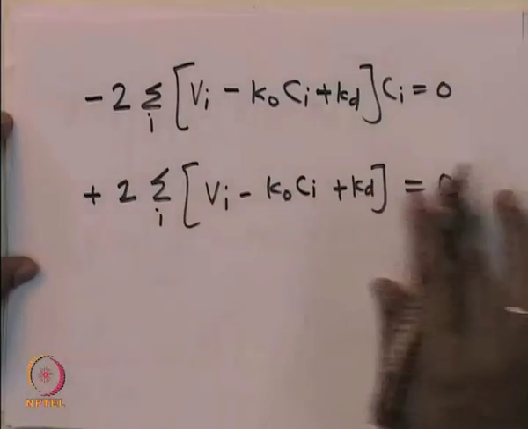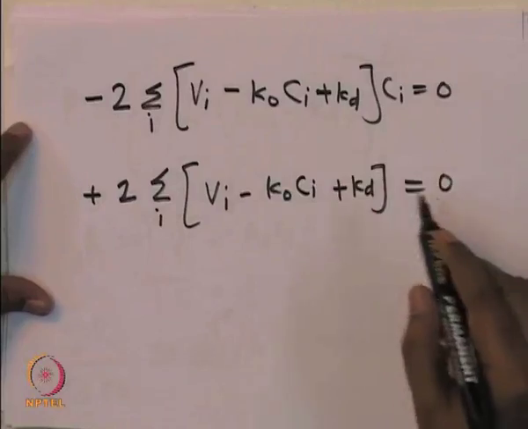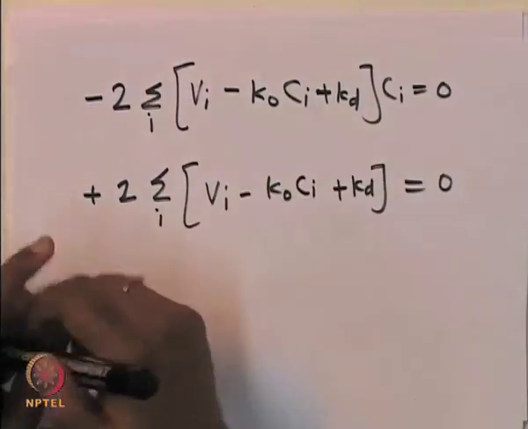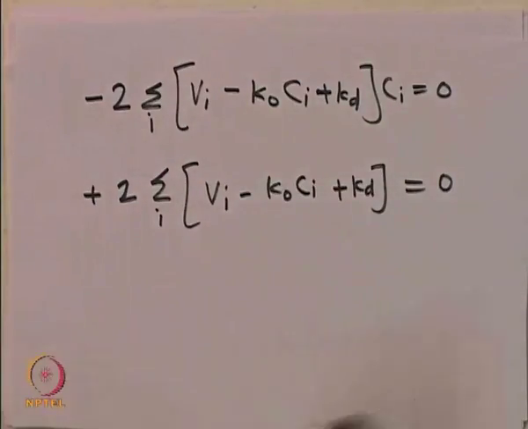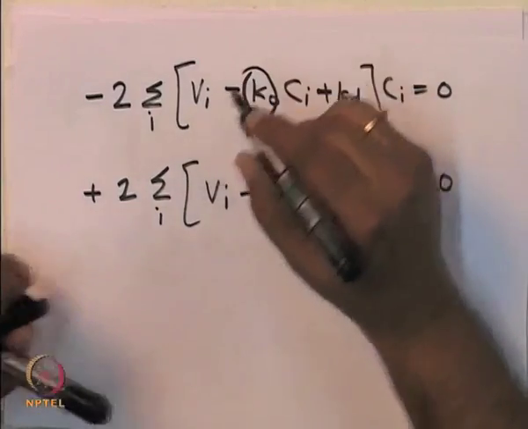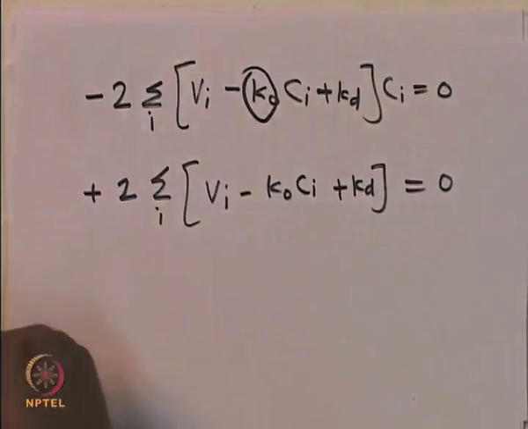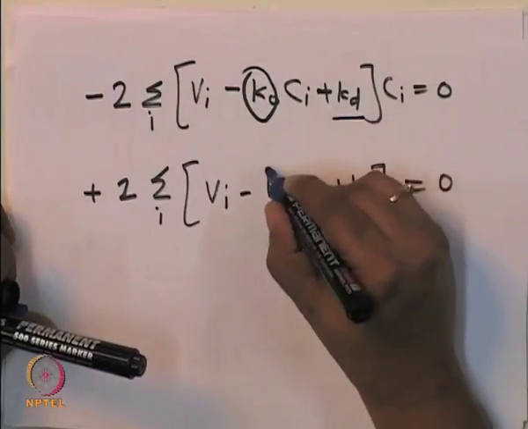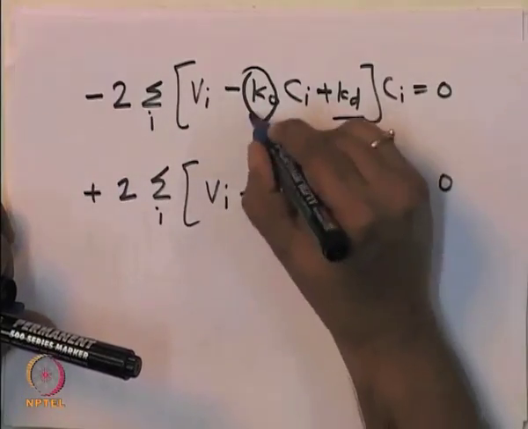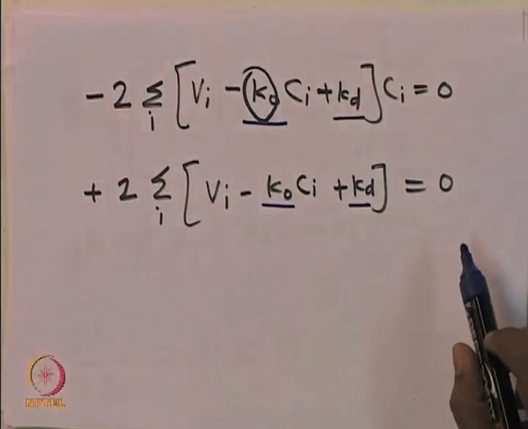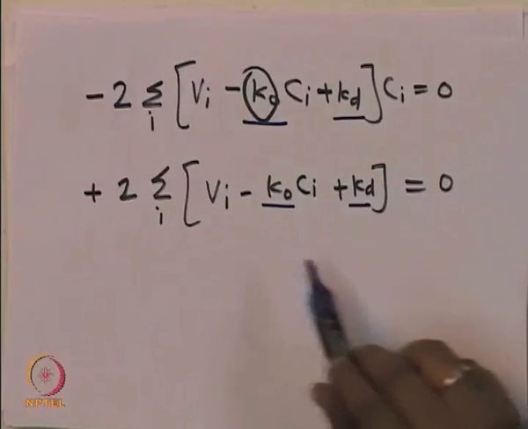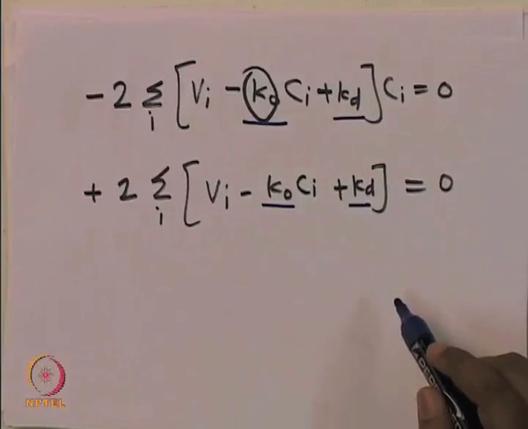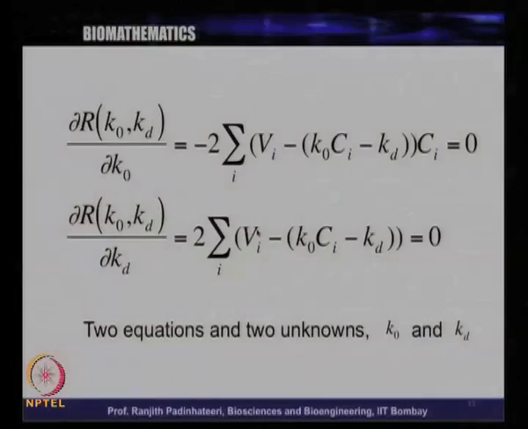These are the 2 equations, and you have 2 unknowns, K 0 and K D. So you have 2 equations and 2 unknowns, and if you have 2 equations and 2 unknowns, you can solve this.